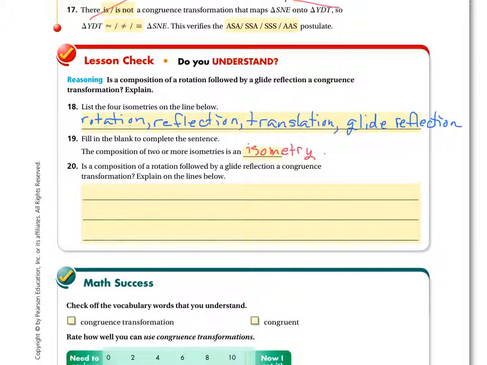Well, it seems weird. It's like, should it be a different word, right? Is a composition of a rotation followed by a glide reflection a congruence transformation? Yes or no? Yes.